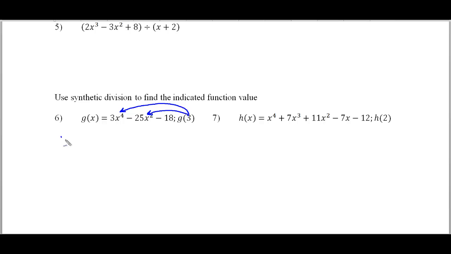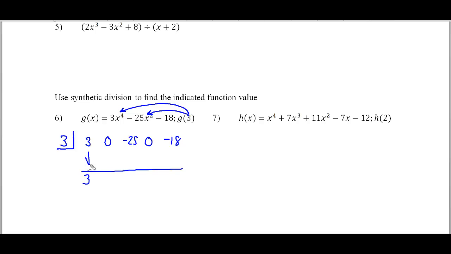But we can also use this here. Now, in this case, you would not actually change your value at all. You would just use the 3 because that's really what we're evaluating. So this would be 3x to the fourth, 0, minus 25x squared, 0, minus 18. And so instead of substituting the 3 into the equation, we can just use synthetic division.